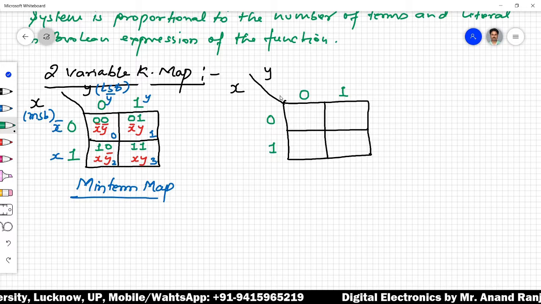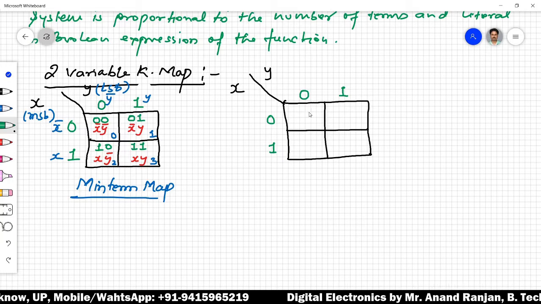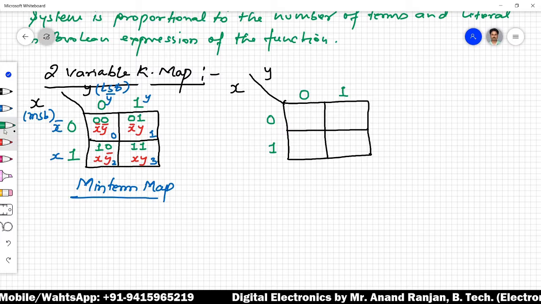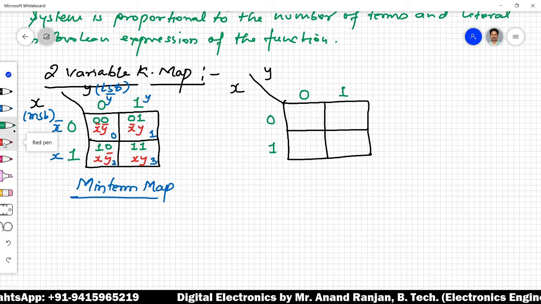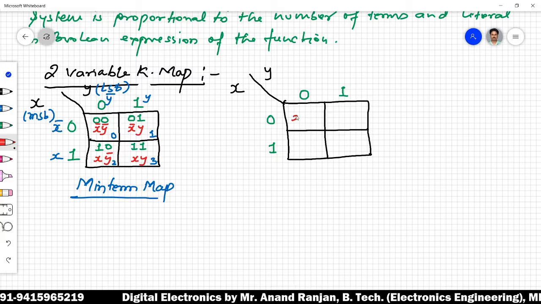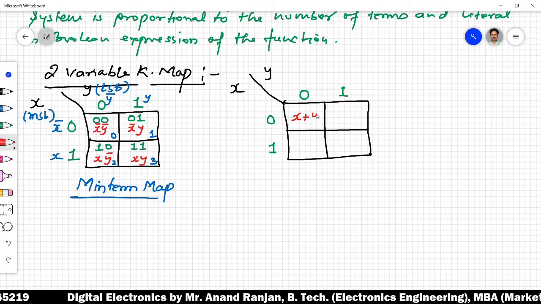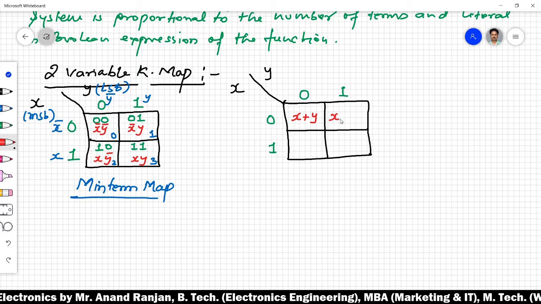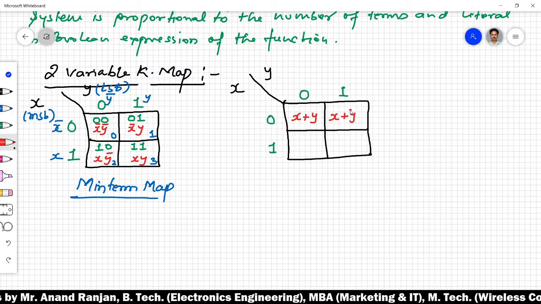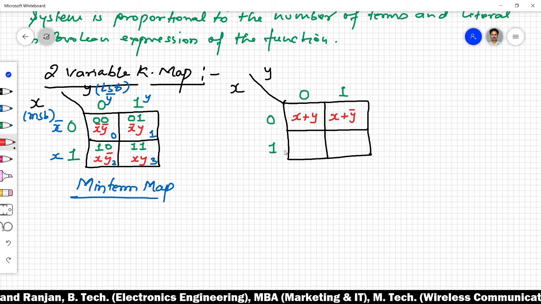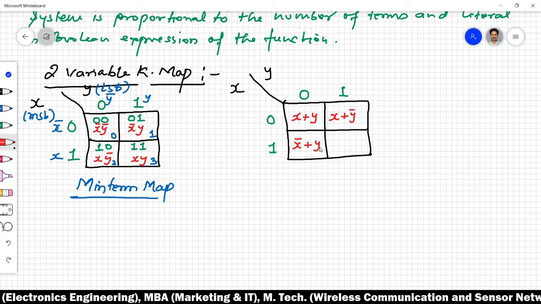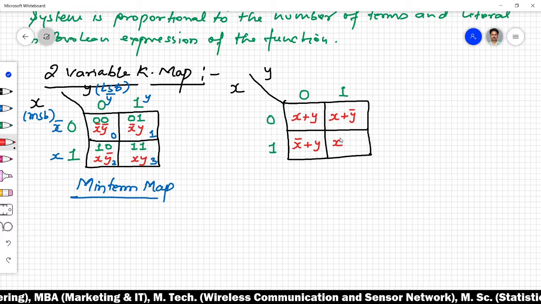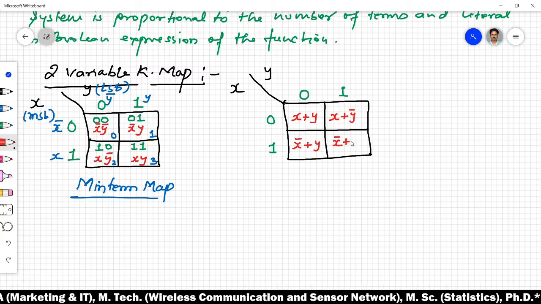So in the max term approach, the first input combination 00 will be written as x plus y. 01 will be written as x plus y bar. 10 will be written as x bar plus y, while 11 will be written as x bar plus y bar.